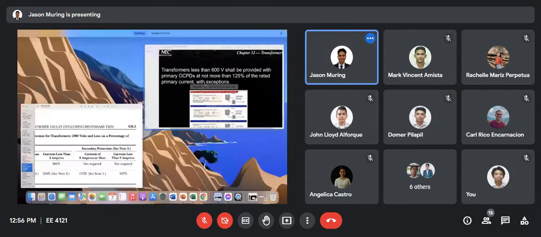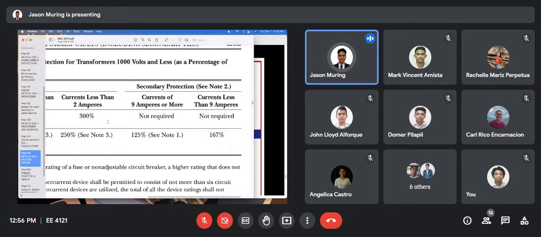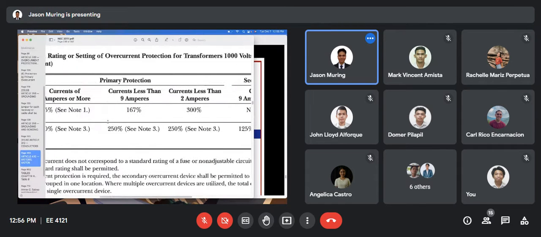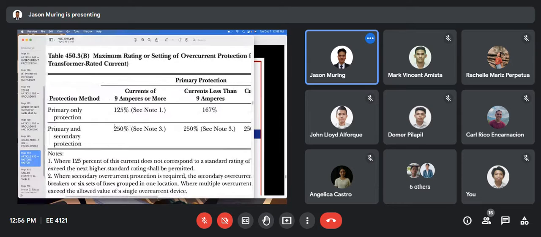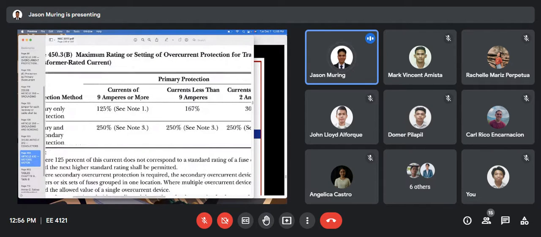Okay, then if you look at the given specifications of the transformer, we have here 15, then 208. Then we're looking for the primary OCPD. So actually, we still have to calculate the currents.